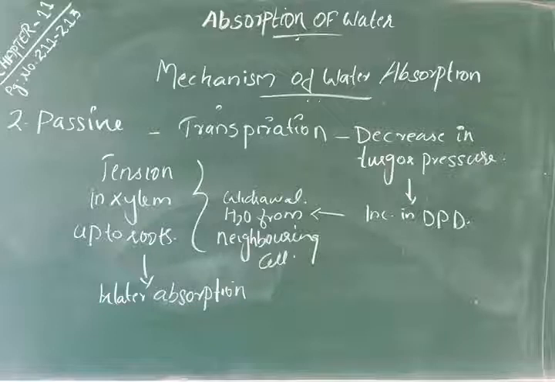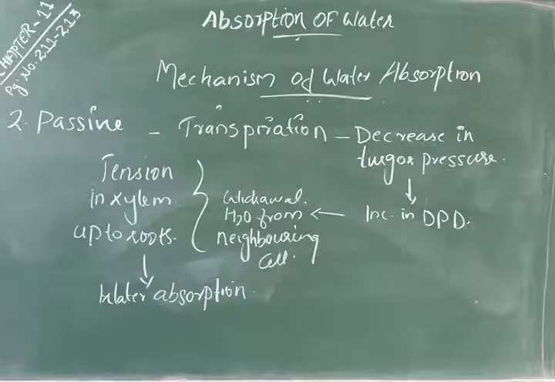So a tension occurs in the xylem vessels. This tension moves from the top down to the roots, and results in the absorption of water from the soil by the roots. So here transpiration plays the main role in water absorption.